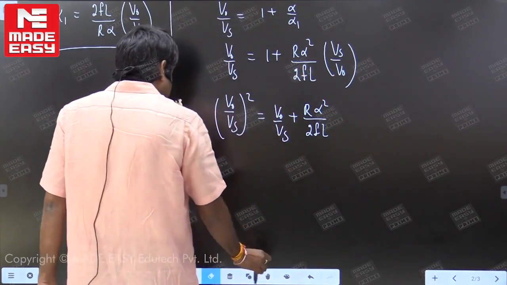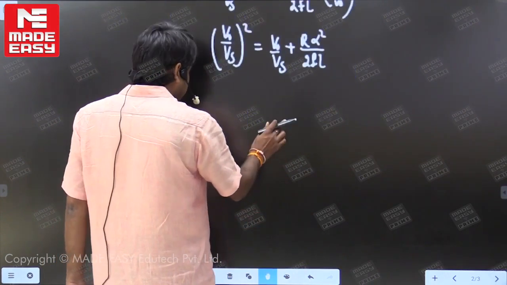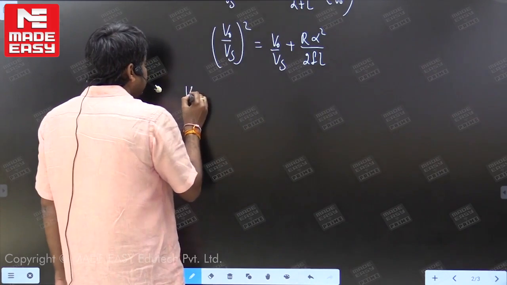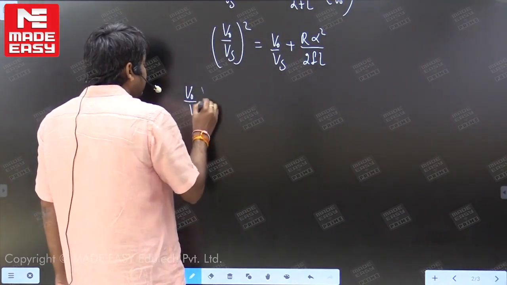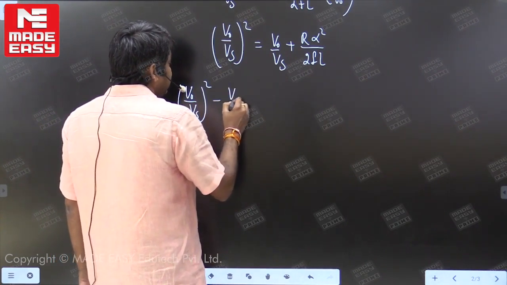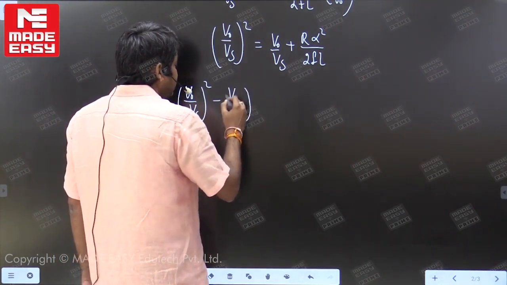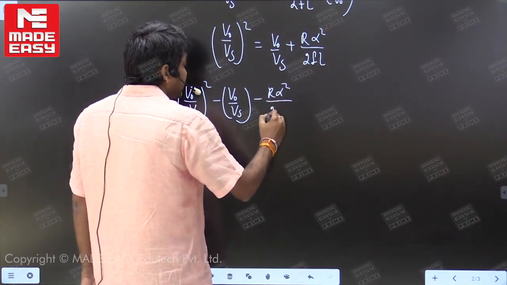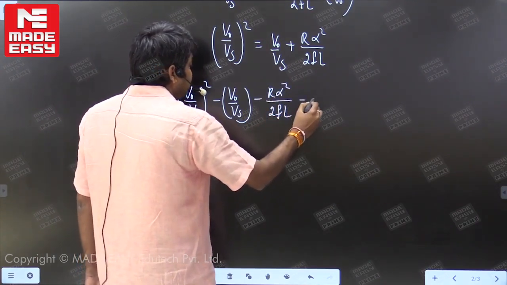So from this expression, we can write V naught by Vs whole square minus V naught by Vs minus R into alpha square by 2FL is equal to 0.